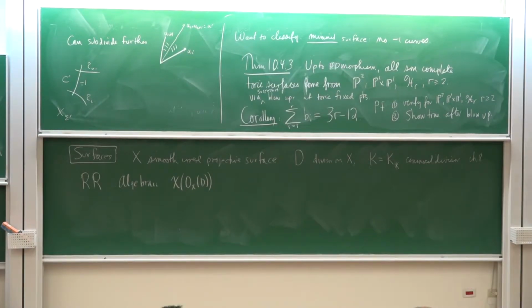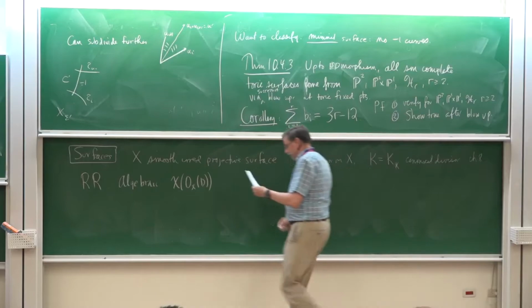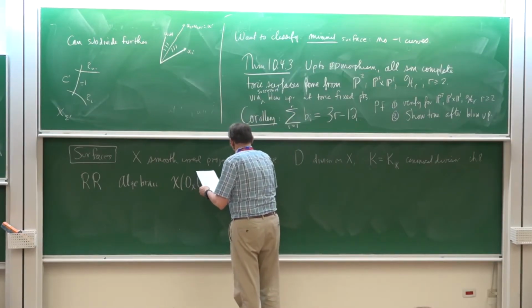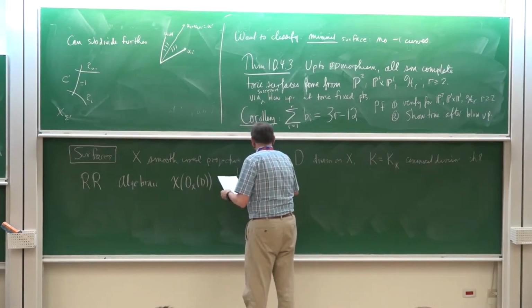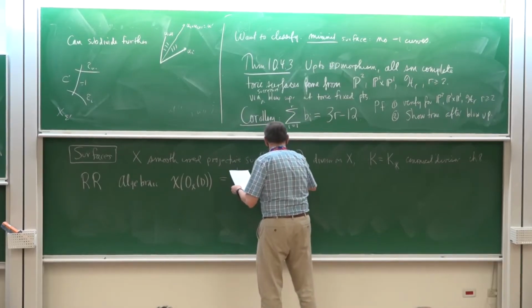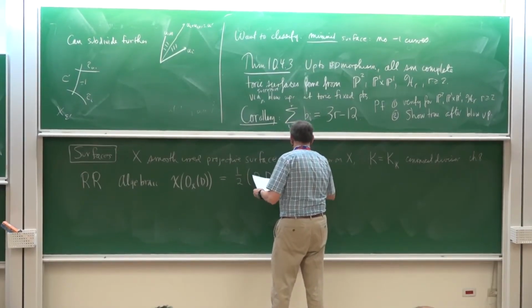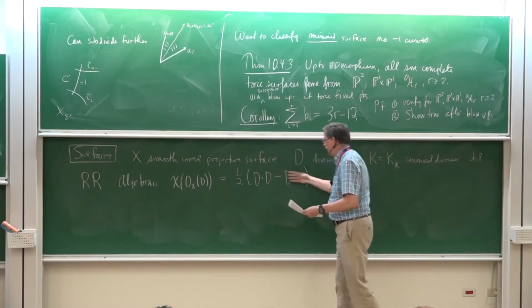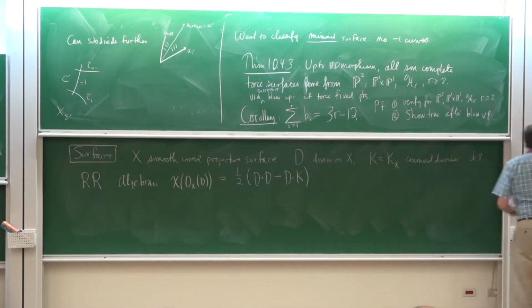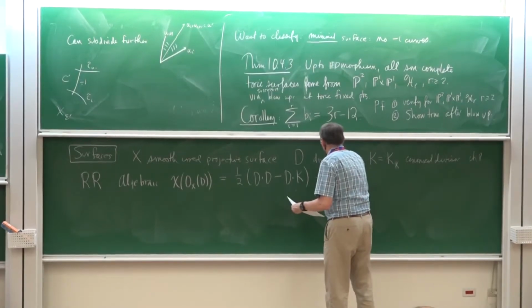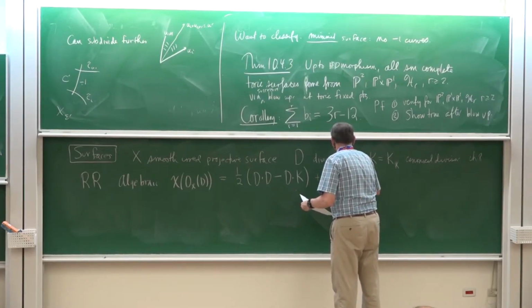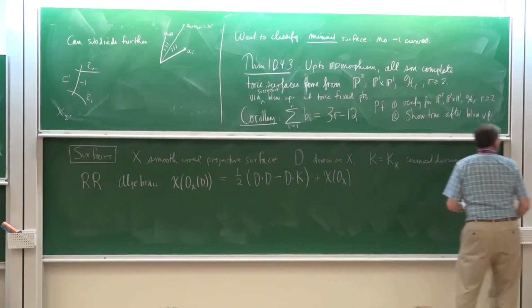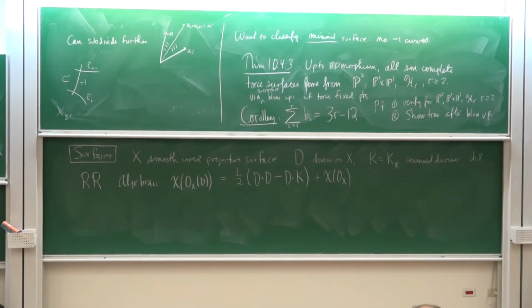But it turns out that it's 1/2 D dot itself minus D dot K. So this is something that you compute out of D, just like here. And then there's an error term, and the error term is just the Euler characteristic of the structure sheaf, just like here. So there's a nice similarity there.